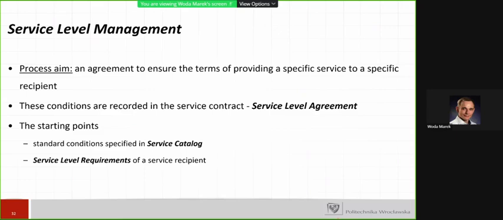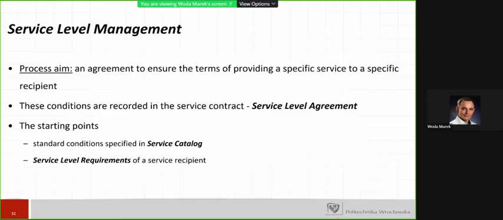Generally, it is an agreement to ensure the terms of providing a specific service to a specific recipient. For example, from an internet service provider, as a recipient we expect that the internet will be guaranteed to be available, let's say, 24/7.